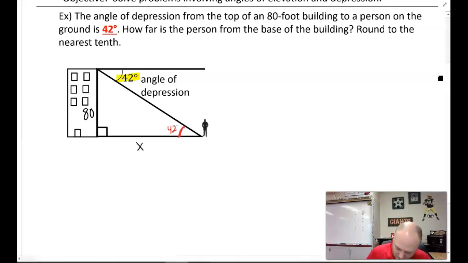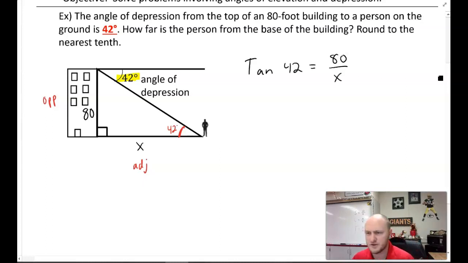So I want to solve for this distance here. All right, well, I'm given the side that is opposite. I want to solve for adjacent, so this is tangent. It seems like all of these problems are tangent. What's going on? Tangent of 42 is equal to 80 over x. You guys are going to be pros with using tangent. All right, so we'll go ahead and solve. I'll multiply both sides by x.